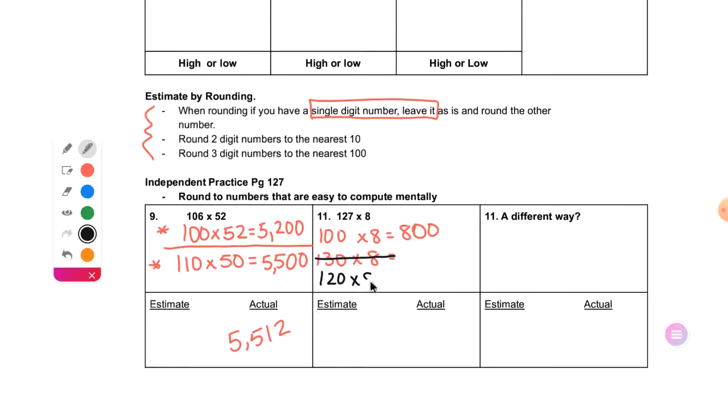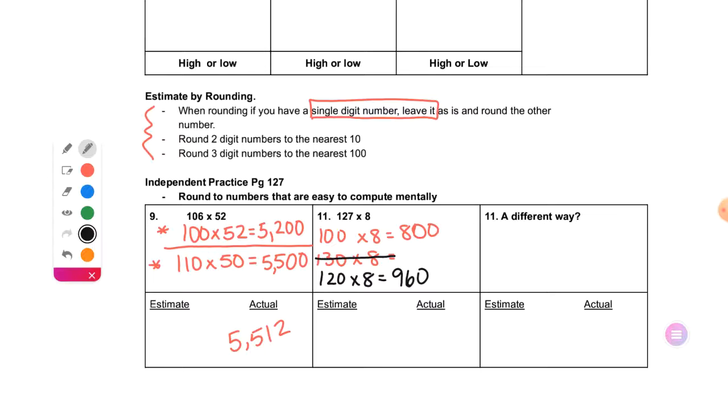Yes. Because now we're just doing our multiples of 12. What's 12 times 8? 96. We add our 0. Again, is 100 times 8 acceptable? Yes, I'm just trying to get you guys to push yourself. Okay, if you can do 12 times 8, do 120 times 8.